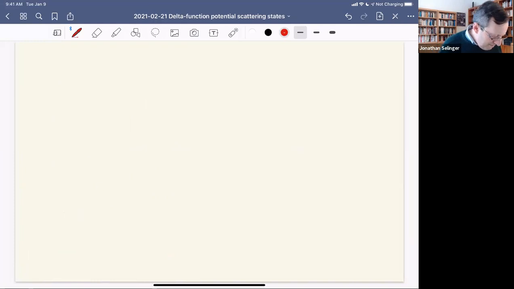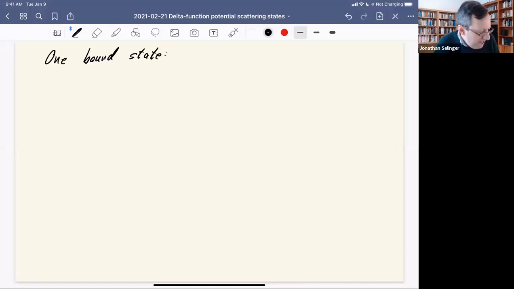Let me find it in my notes. We found there is one bound state, and the wave function is psi of x equals b e to the minus kappa absolute value of x, with a certain value of kappa.